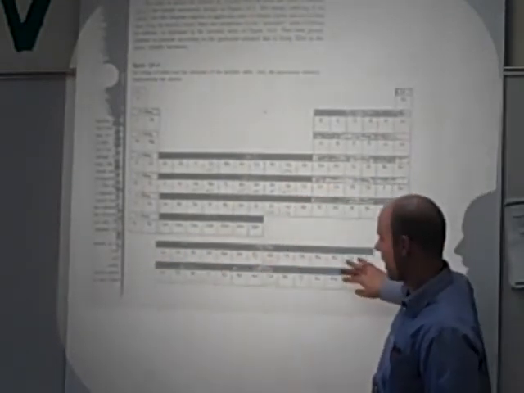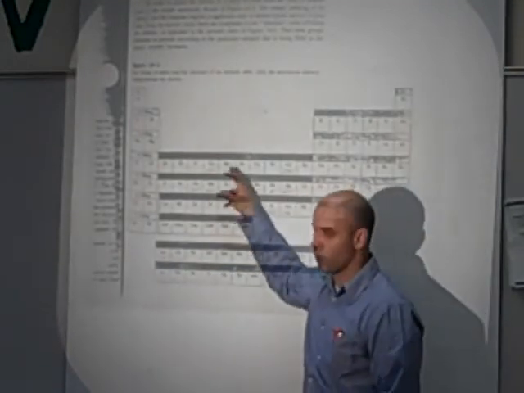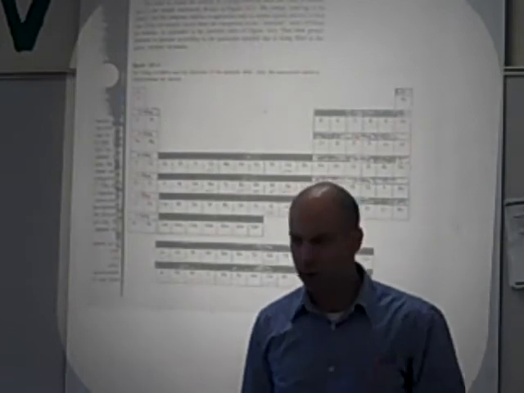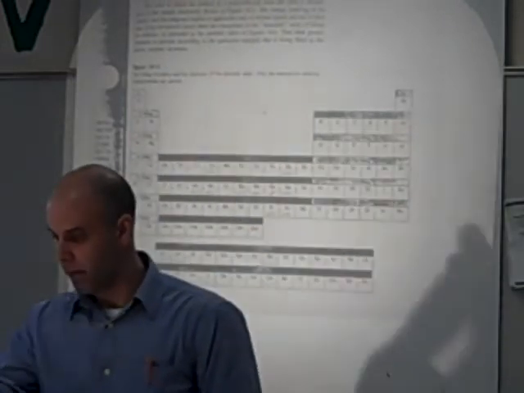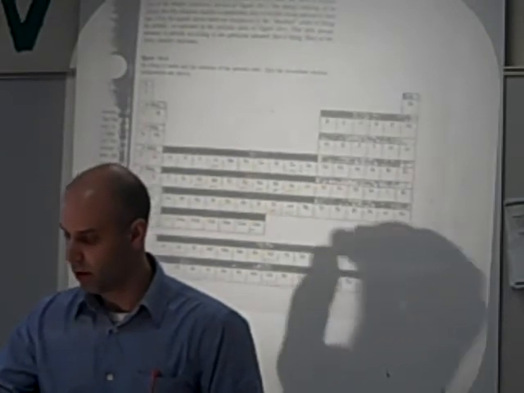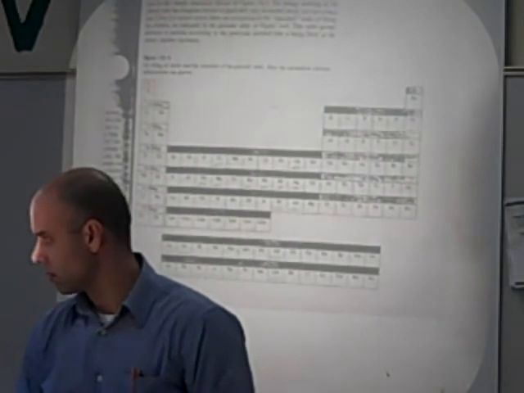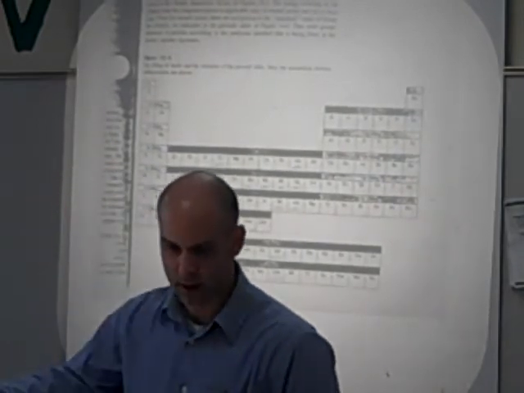That's why in the test, I'm not going to give you anything from the F block, and I'm not going to give you any of these where there's an exception. Okay? So, I will only give you elements that follow the rules. When you take AP Chem, then you can play around with these weird ones. Okay?